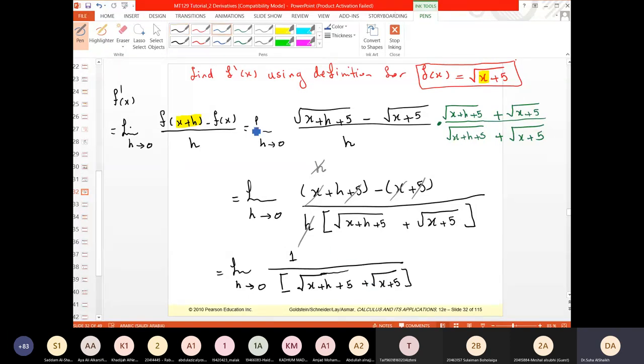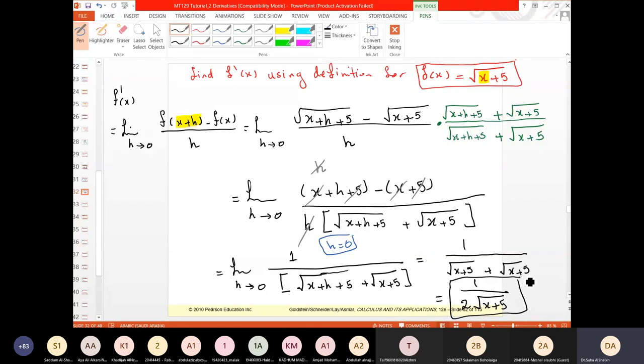Now I'm ready to substitute with h equals 0. The h that was down there is already cancelled, so we substitute h equals 0 and remove the limit. We remain with the root of x plus 5 plus another root of x plus 5, meaning I have 2 root of x plus 5. So 1 over 2 root of x plus 5, and this is the answer.